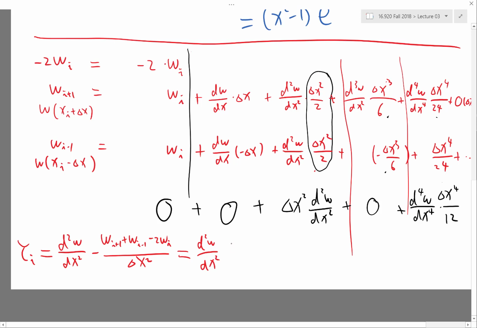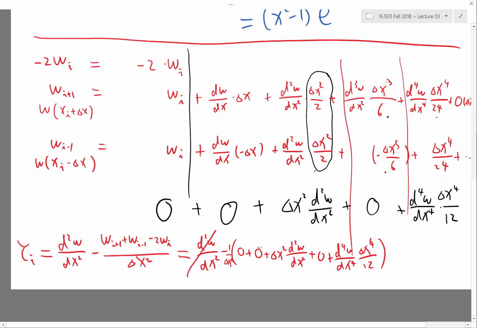I'm just going to copy it: minus 0 plus 0. These are the two terms. Minus 1 over delta x squared times 0, 0, second derivative, plus again 0, and the fourth order derivative, delta x to the fourth over 12. So that's the truncation error.